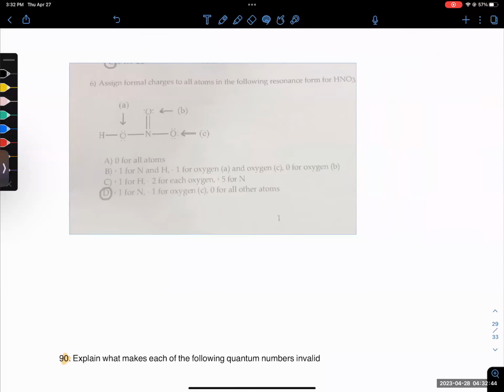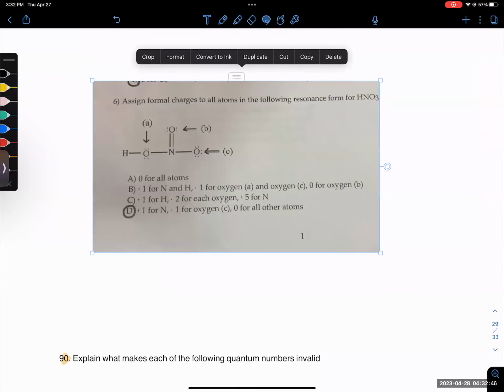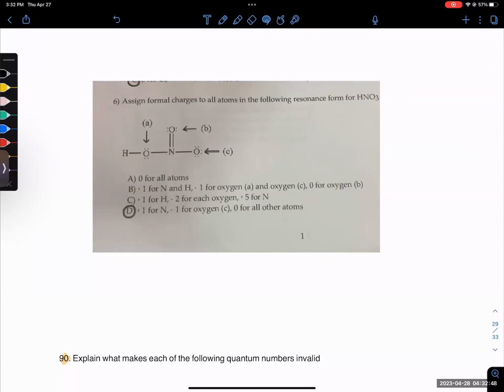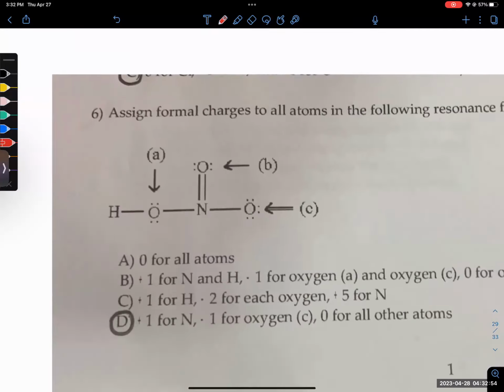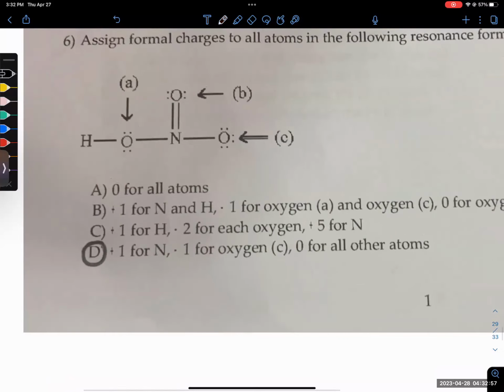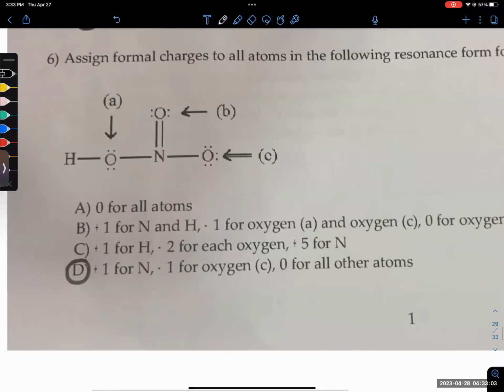It's asking to assign formal charges to all atoms in the resonance form for nitric acid. The quickest way to do this is to memorize some things, but if not, what's the formula for formal charge?